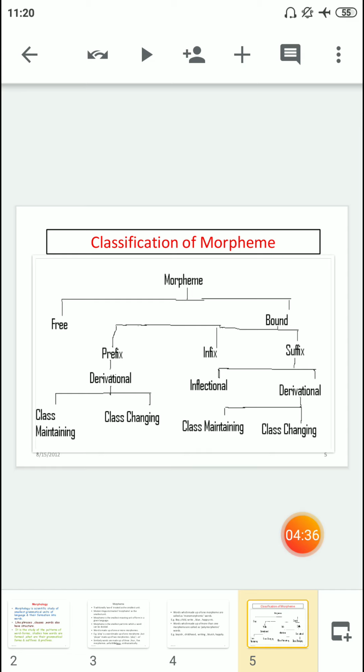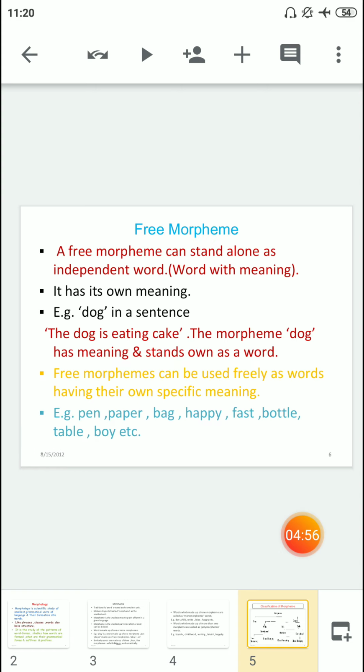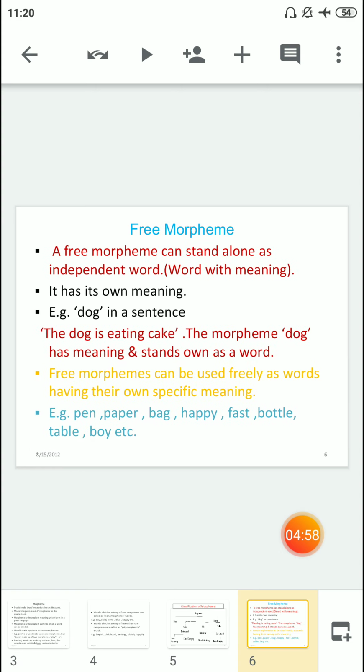All prefixes are derivational, and the prefixes can be class maintaining or class changing. Suffixes are of two kinds: inflectional suffix and derivational suffix. And derivational suffix, just like derivational prefixes, is either class maintaining or class changing.